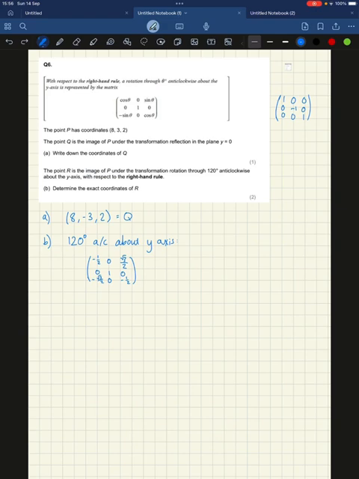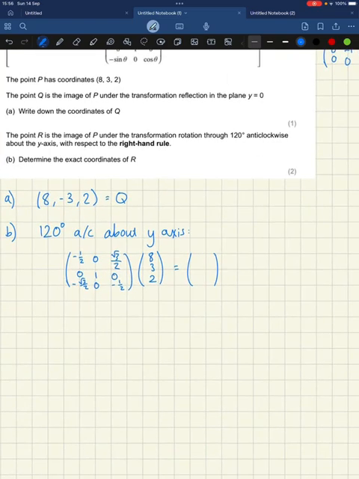Now it's the image of P, so P is 8, 3, 2, so we can do matrix multiplication here with 8, 3, 2. So this gives us the new vector.